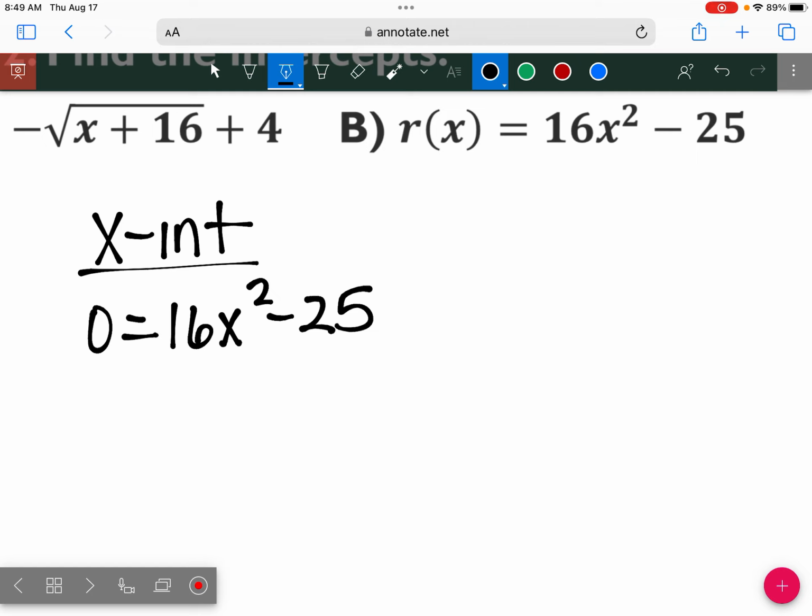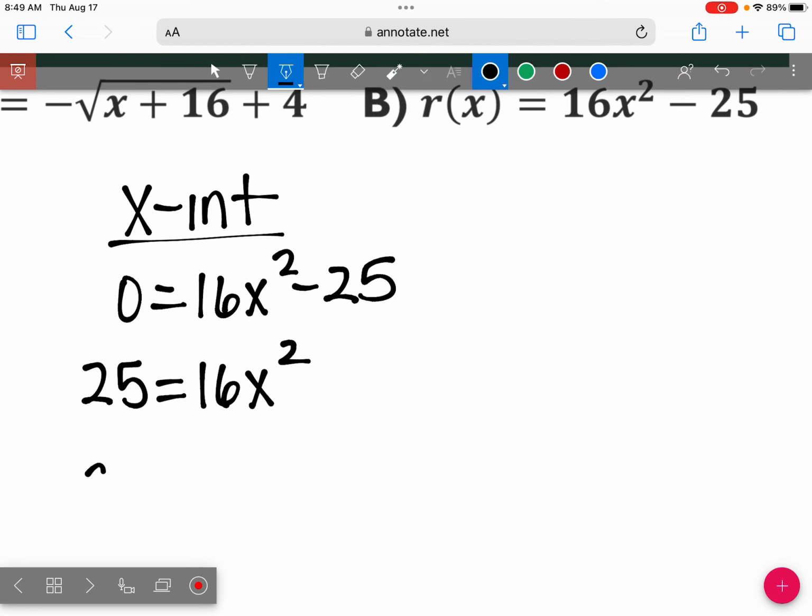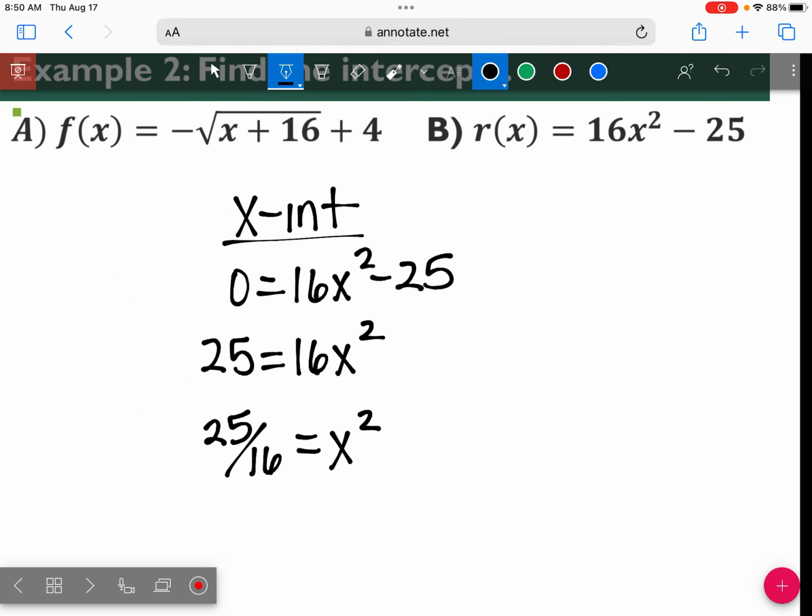Add 25 to both sides. Divide both sides by 16. And then take the square root. And that's going to give you plus or minus 5 over 4. So you have two x-intercepts. One is at positive 5/4 and the other one is at negative 5/4.